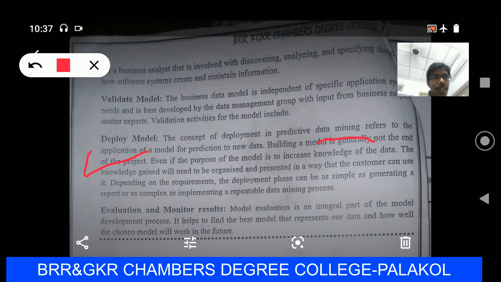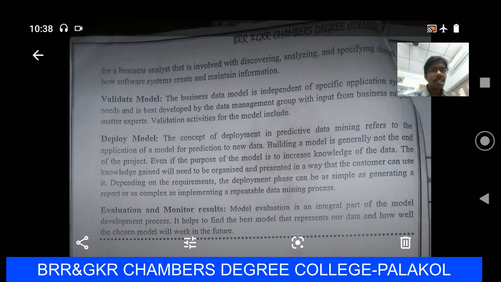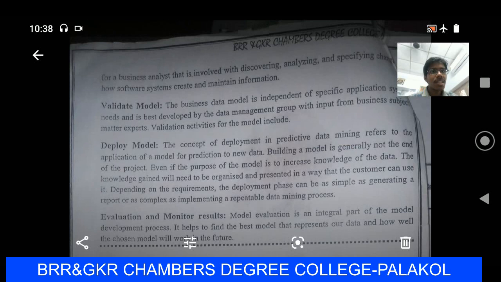It helps to find the best model that represents our data and how well the chosen model will work in the future. This is the basic concepts of business analytics.